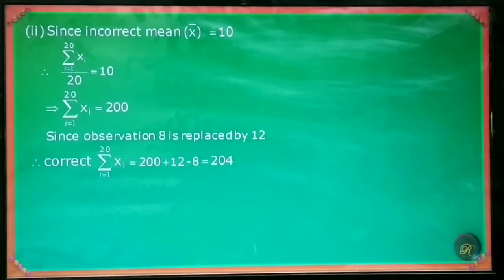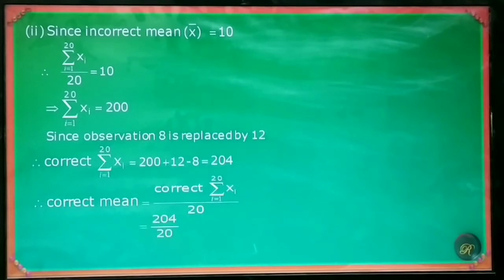Therefore, correct mean is equal to correct sum divided by 20 is equal to 204 divided by 20 is equal to 10.2.